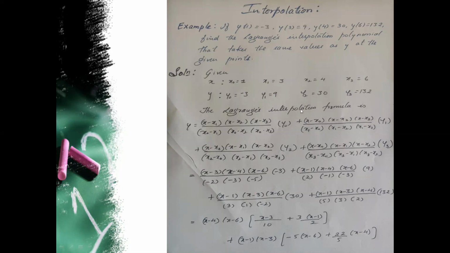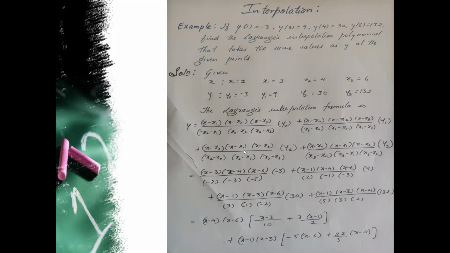Now we'll go for the Lagrange's interpolation formula. You know it, y is equal to, we'll skip x naught here, x minus x1 into x minus x2 into x minus x3 divided by x naught minus x1, x naught minus x2, so on up till x naught minus x3 multiplied by y naught. Similarly, here in the numerator, x minus x1 is skipped. In the denominator, we'll take x1 minus each of the terms of x multiplied by y1.